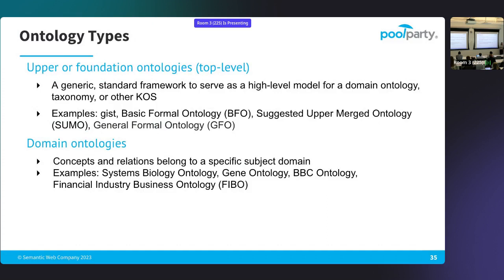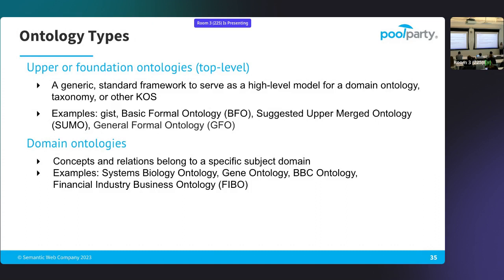Often people talk about the more generic upper ontology or foundation ontology. It's sort of top level versus domain, that's subject specific or maybe even use case specific. So the upper is very, very generic. In fact, SKOS itself is an upper level ontology.